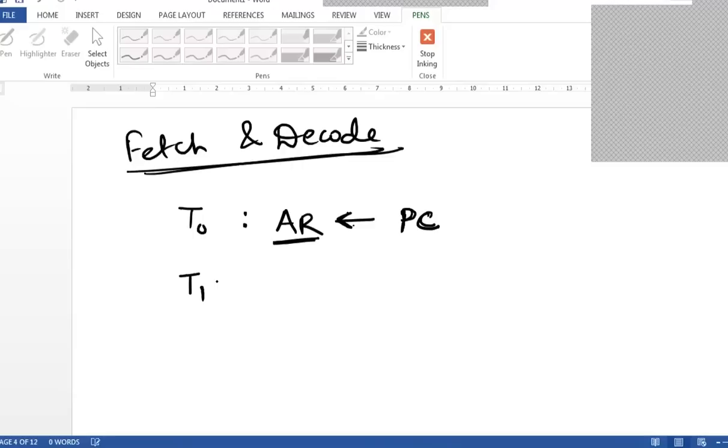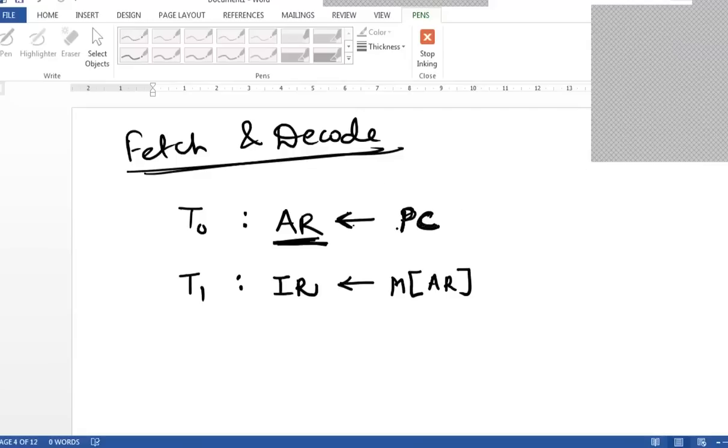Then comes what you were saying. You need to store your instruction in what? In your IR. ठीक है? तो वो instruction आप क्या करोगे? From memory address AR में जो भी address है वहां से आपको fetch करनी है instruction. PC consists of which instruction you need to execute.